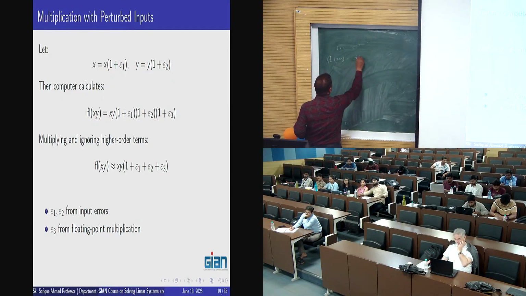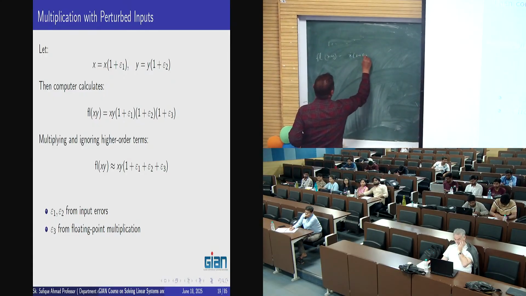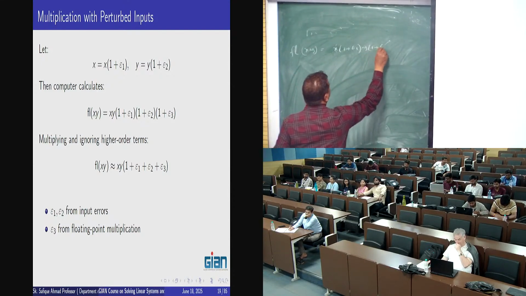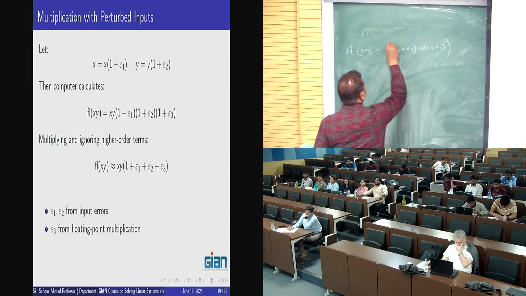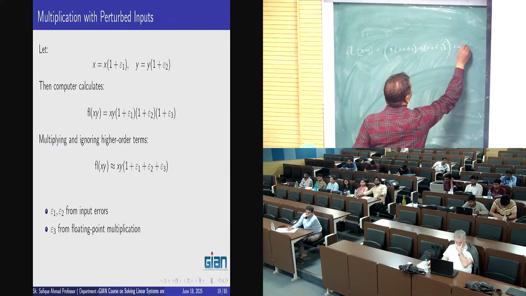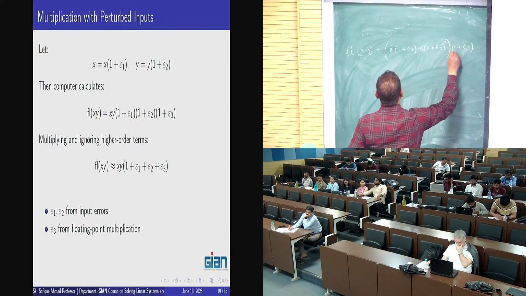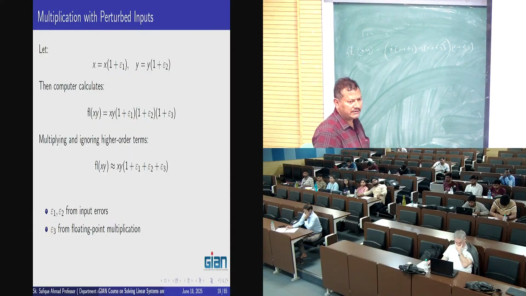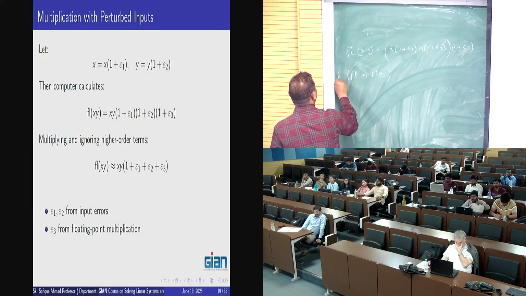First you write x into 1 plus epsilon 1, and y into 1 plus epsilon 2, and the whole into 1 plus epsilon 3. So, first it calculates the floating point of x, then the floating point of y, then the product's floating point.